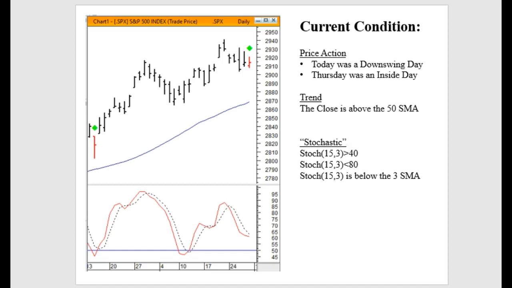samples going back to Jan of 2000 like we do. And so let's look. Besides price action, we see that the price action is occurring above the 50-day simple moving average, and with the stochastic between 40 and 80 on a downtrend below its 3-day simple moving average, the 15-3 stochastic. So when you combine that definition of where the stochastic is in a downtrend between 40 and 80, we're in a long-term uptrend above our 50 simple moving average, and we have an inside bar followed by a downswing bar.